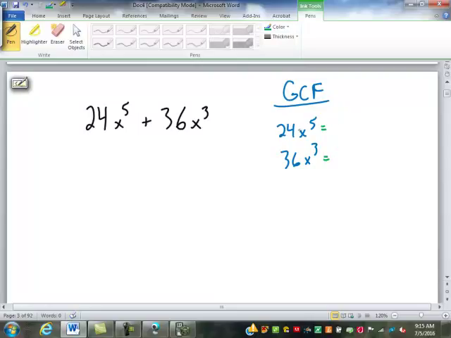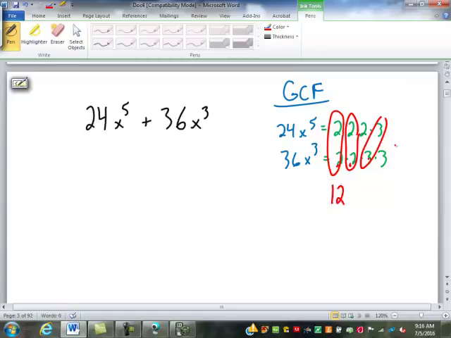If I do a factor tree for 24, I get 2 times 2 times 2 times 3. For 36, I get 2 times 2 times 3 times 3. What do they have in common? A 2, another 2, and a 3. 2 times 2 is 4 times 3 is 12. So the number is 12.